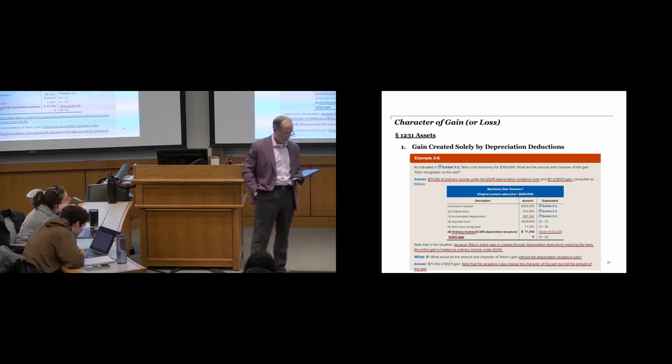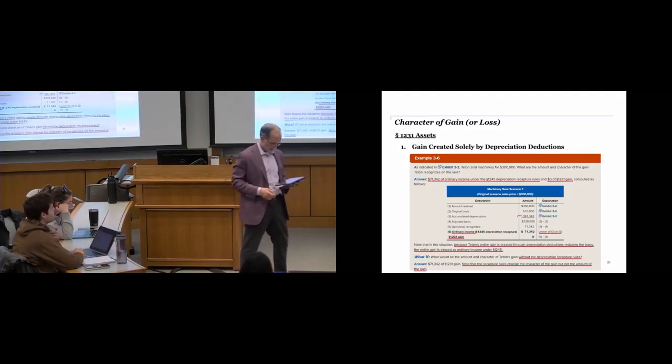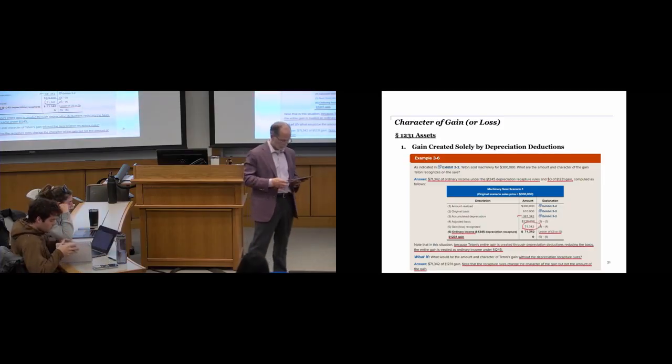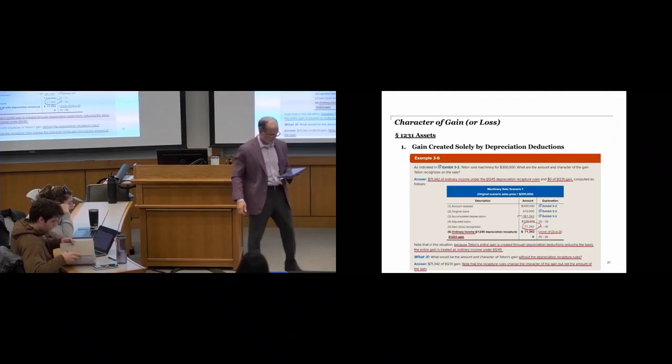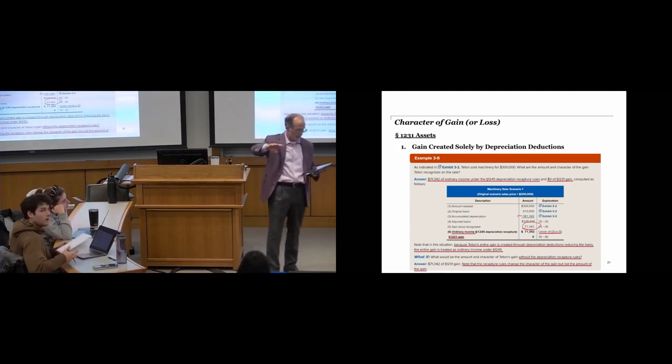We took the original basis minus the accumulated depreciation. Then for the gain or loss recognized, we took the amount realized minus that adjusted basis. For the ordinary income, we took the lesser of either the accumulated depreciation or the gain recognized. So we first computed the amount realized and adjusted basis, and we got down to 71,342.